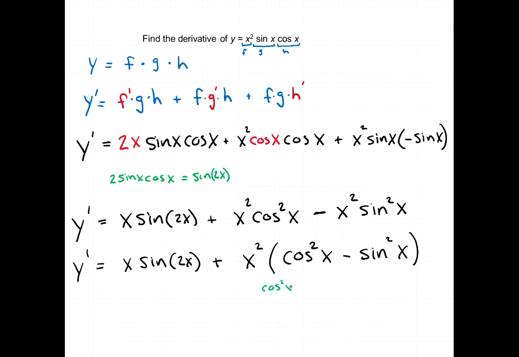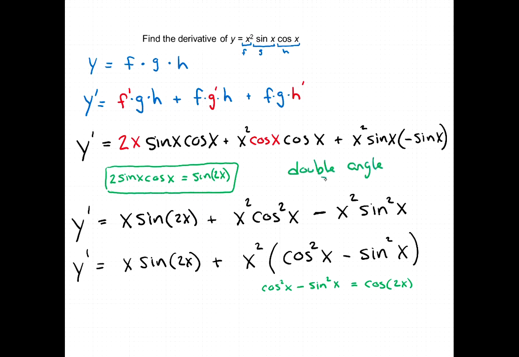Cosine squared minus sine squared of x is equal to cosine of 2x. So we apply the double angle formula for sine and the double angle formula for cosine.